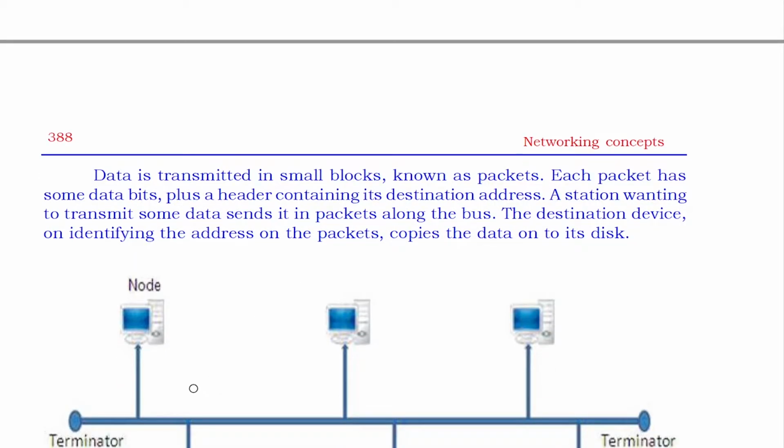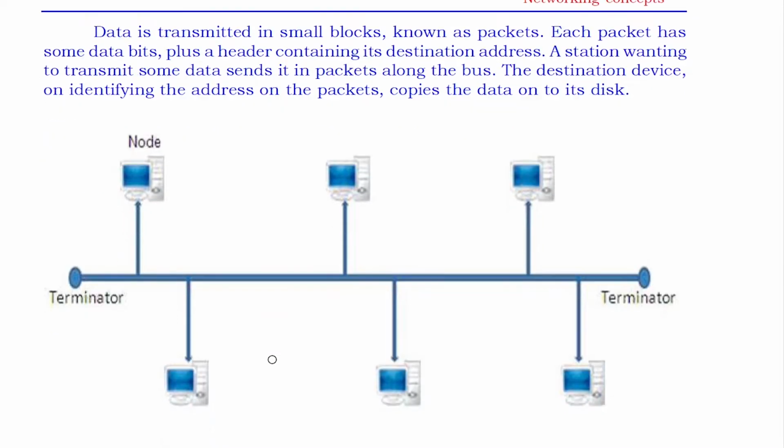The destination device, on identifying the address, copies it to its disk. For example, this is a terminator, and the data will transmit like this, and if it reaches the dead end, the signal is absorbed, so there is no data.